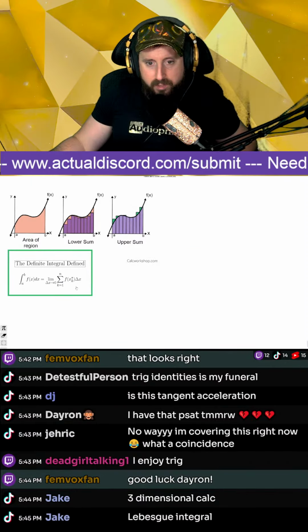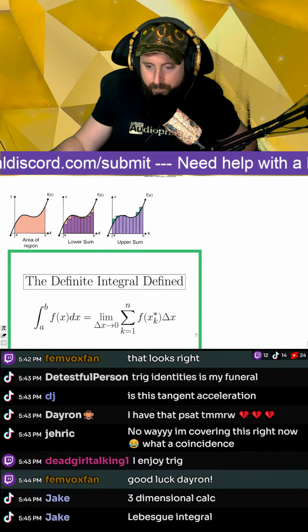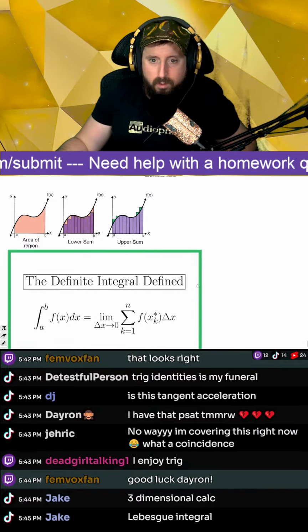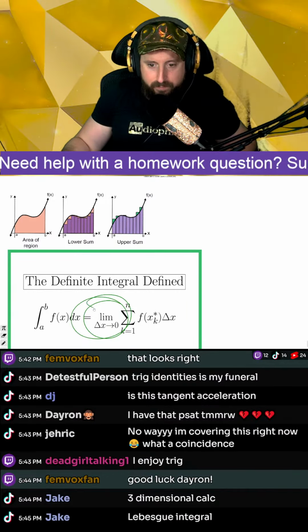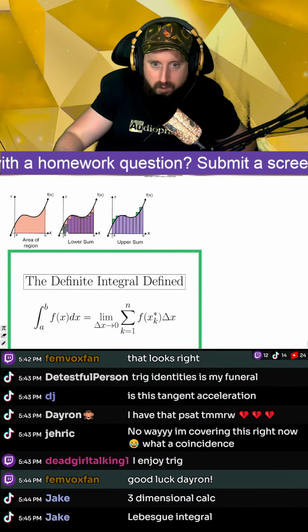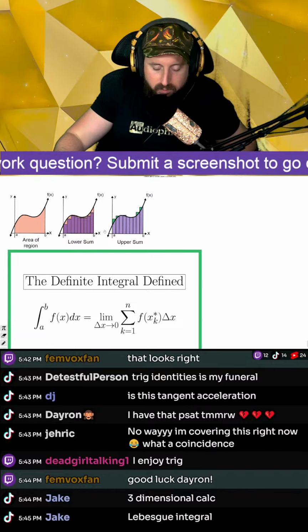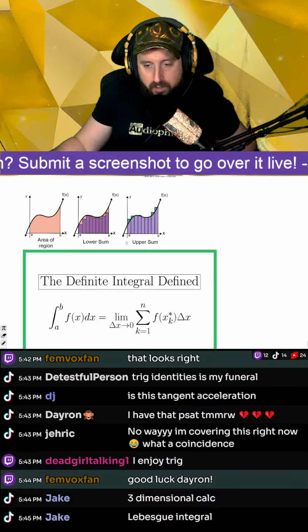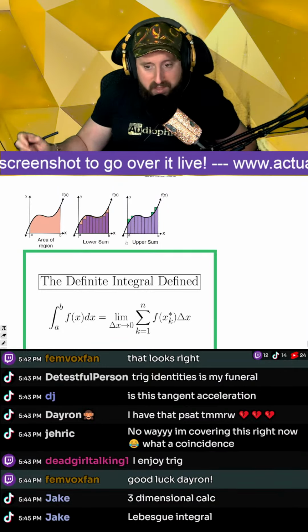So this is the definition of an integral. You're taking the limit of creating a ton of these little rectangles and finding the area of those rectangles. Area is always equal to base times height.